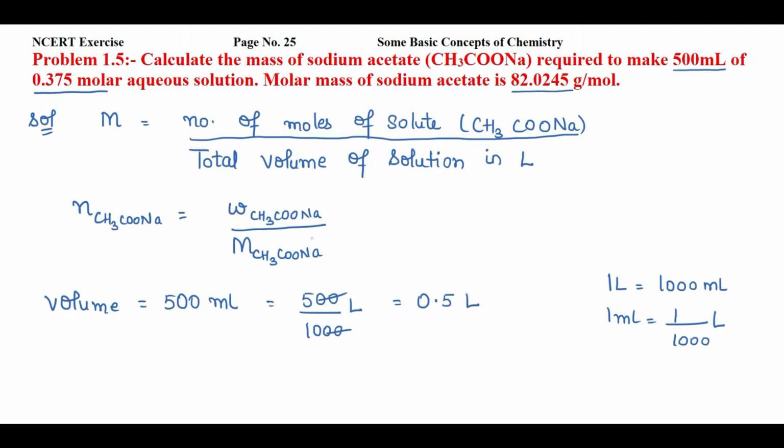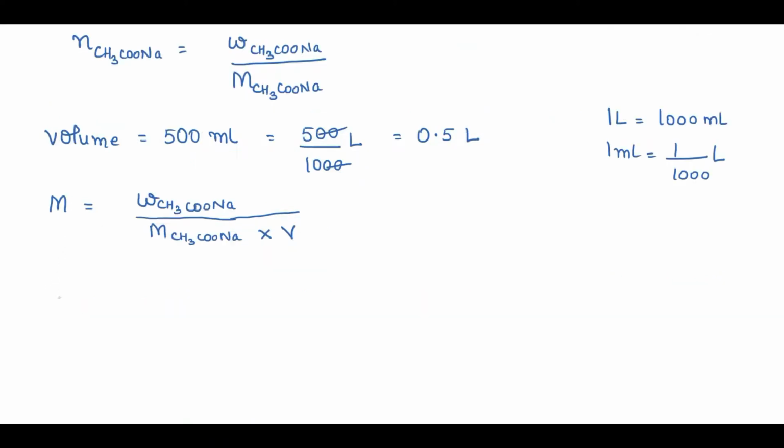So let's make the formula according to the actual mass of sodium acetate, right? So capital M equal to W of CH3COONa over M of CH3COONa, right, into V, that is volume, right? They have given you the molarity, that is 0.375 molar.